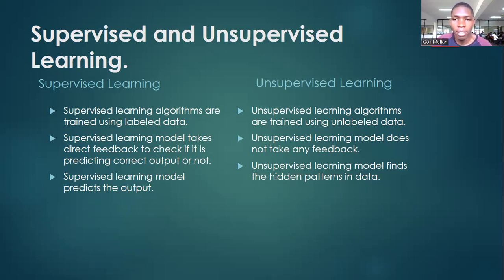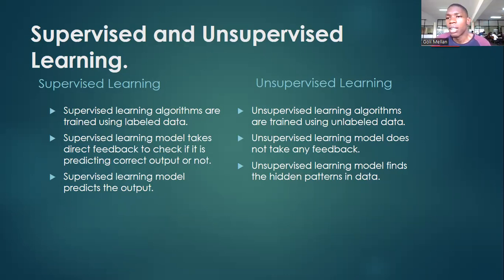The unsupervised learning model doesn't take any feedback; it just finds the hidden patterns within the data, while the supervised learning model just predicts the output.